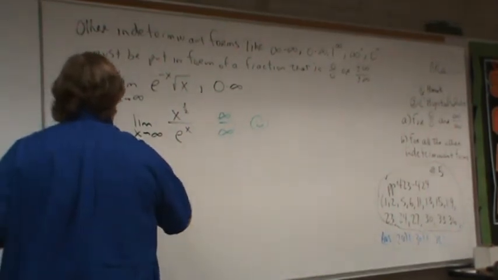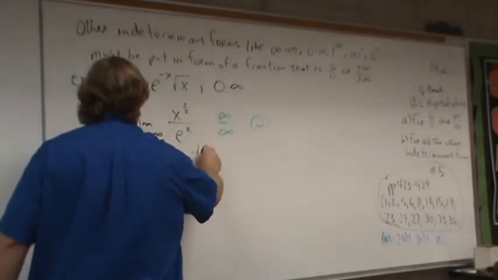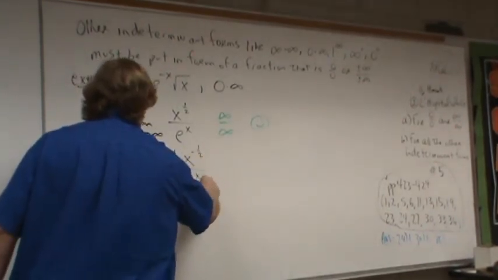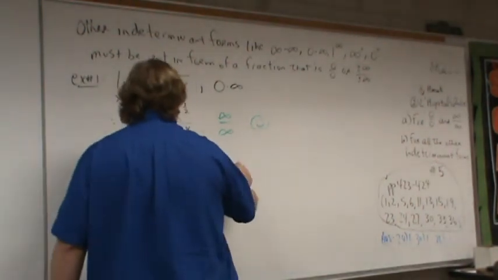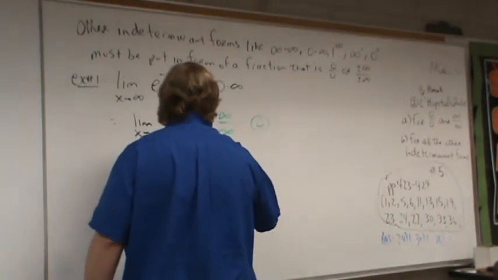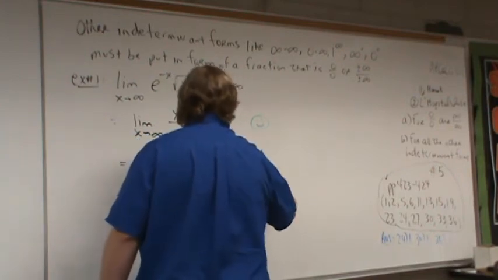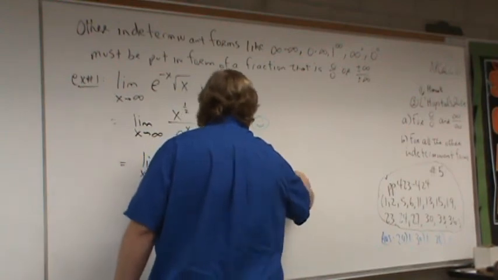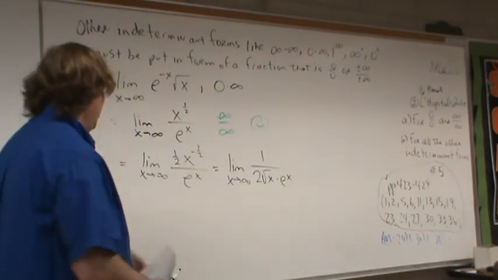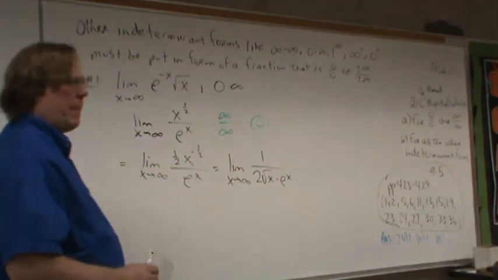So I get limit as x approaches infinity of 1/2 x to the negative 1/2. And this just stays e to the x. So I'm going to simplify this and hope that I don't have an indeterminate form again. Are you okay that this is going to be 2 rad x e to the x? The 2 goes in the denominator, the x to the negative 1/2 goes in the denominator.